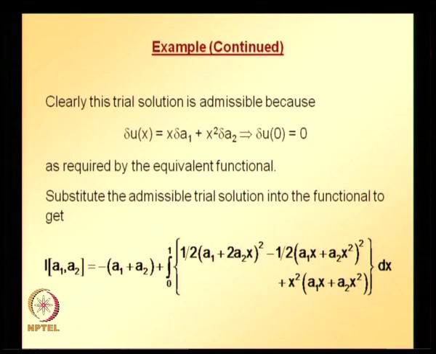So now we have the admissible trial solution and we have the equivalent functional I as a function of u, and now u we are taking as a1x plus a2x square. So you make the substitution of u into I, then I, the equivalent functional, becomes a function of two unknown coefficients a1 and a2.